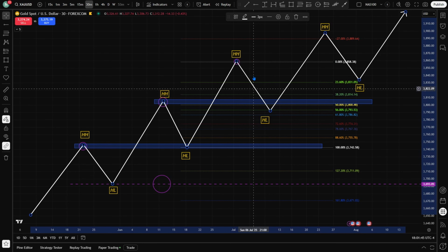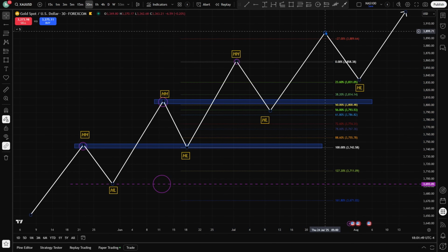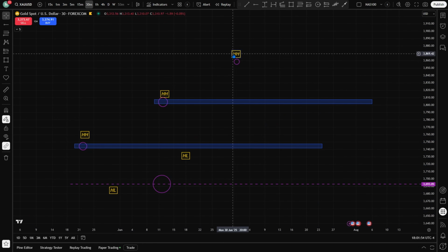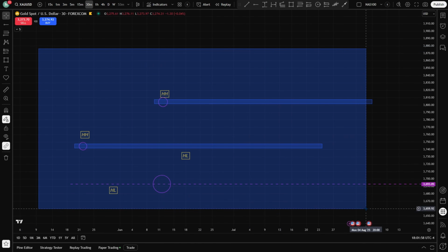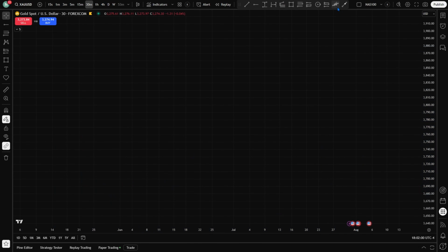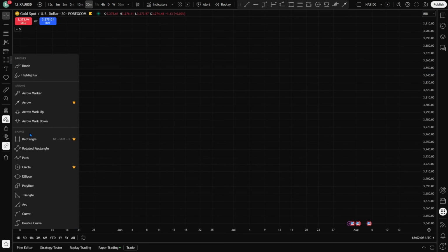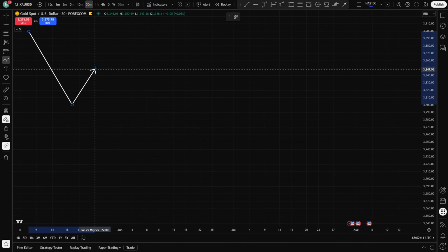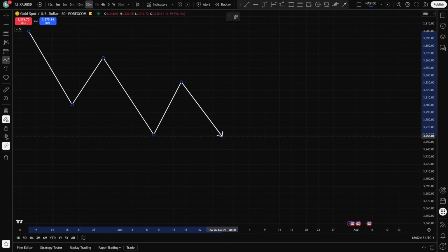So now let's go ahead and look at a bearish market. Pretty much it's going to have the same principles as a bullish market. Now with a bearish market, we have lower lows and lower highs.